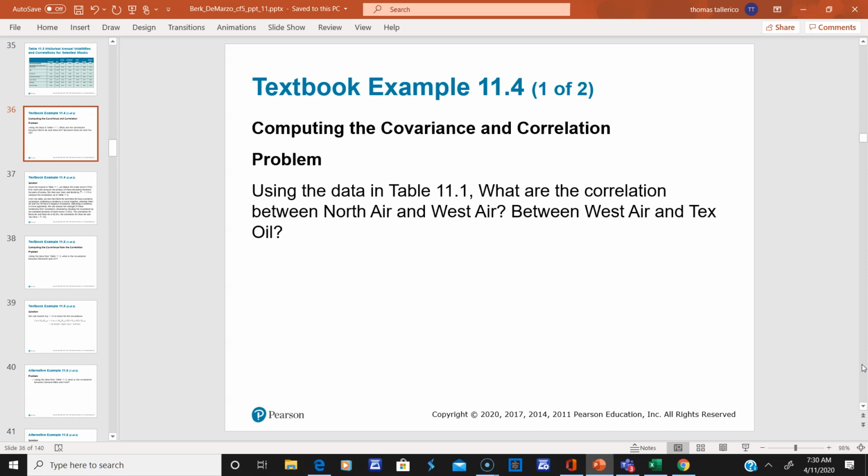All right, so there's an example here in your book, 11.4, and we'll go over that.